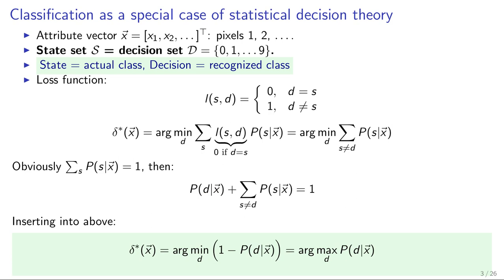If you classify correctly, you know that the loss is 0, and hence you need to consider that. When you substitute into the formula above and switch from min to max, what you discover, which is not surprising, is that the smallest loss is for the class that is the most likely class. So you maximize over the decisions, and the winner is going to be the most probable class.